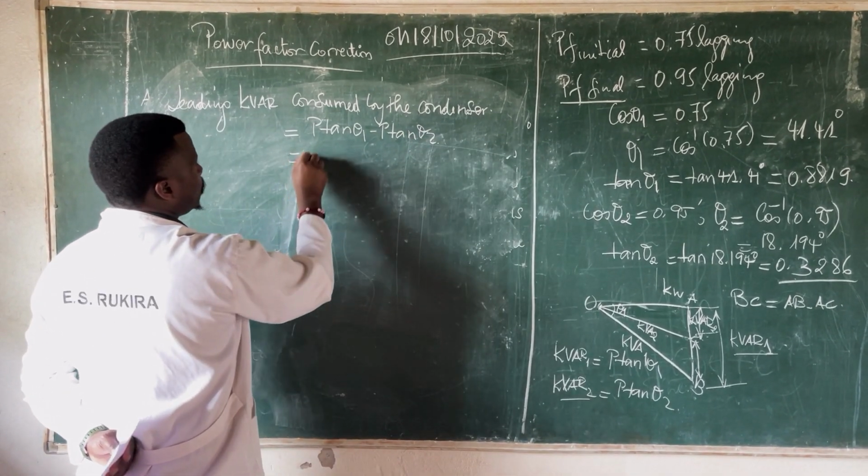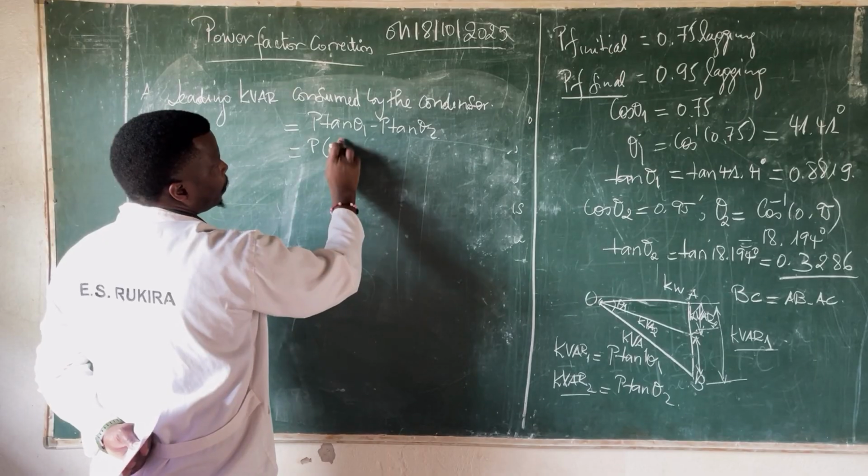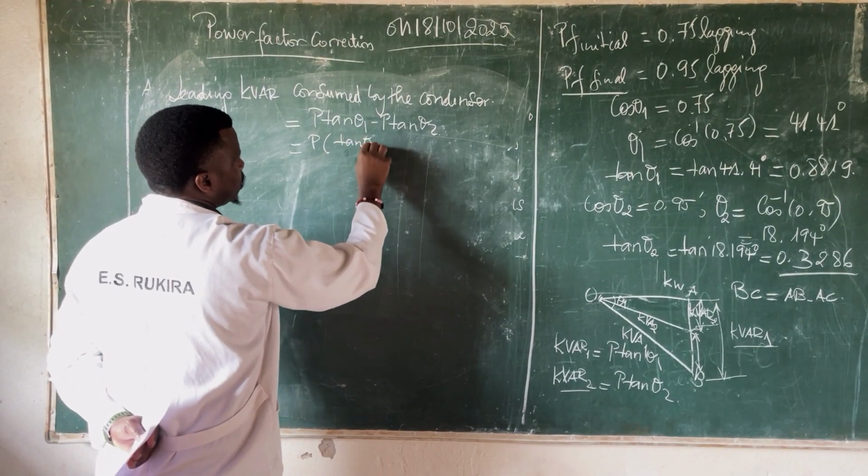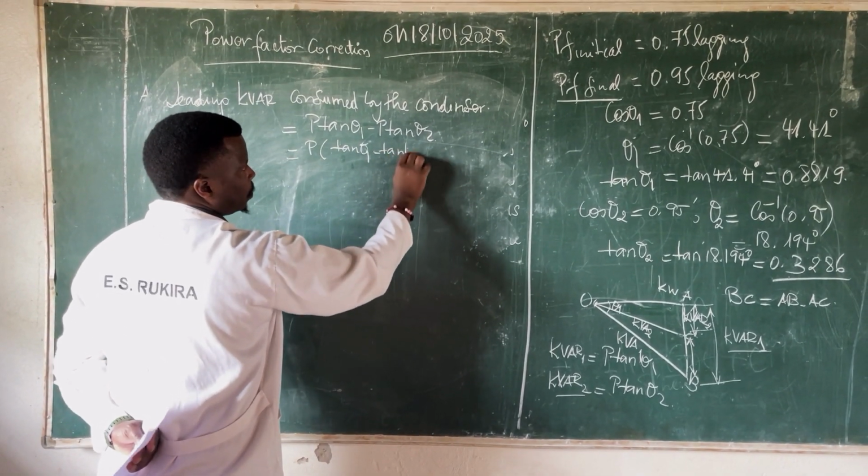Now, put P in evidence, making tan theta 1 minus tan theta 2.